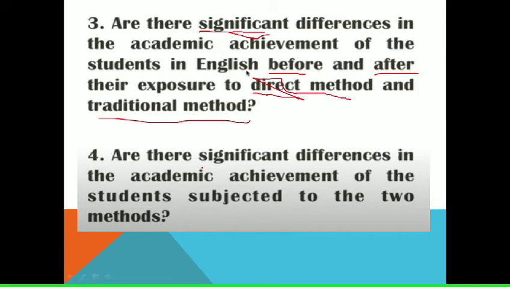We use t-test or ANOVA, but we have two methods, so magamit ta og t-test. Pero unsa man ang gamiton nato, independent or paired sample t-test? The question is, in the academic achievement of the students subjected to, it means we have two populations. So we use the independent sample t-test.